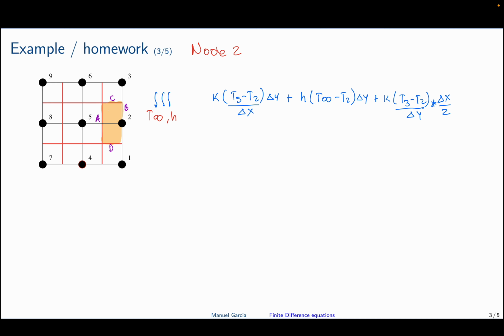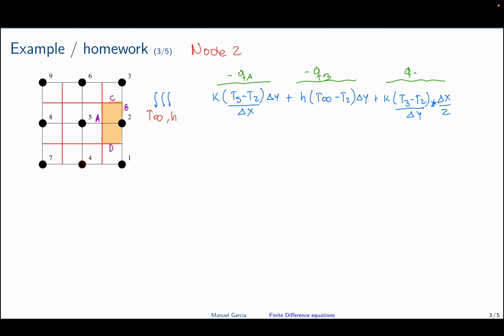We should have delta z, but remember, delta z cancels all the way, so it's not in reality the area. So this is QA, this is QB, and this is QC.